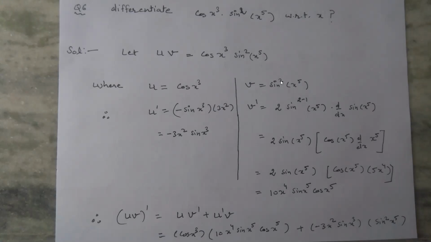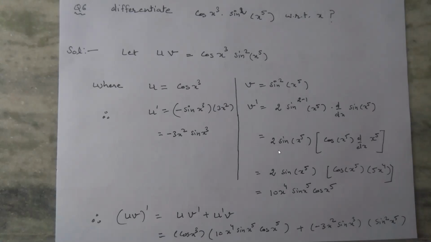Similarly, v is equal to sine square of x raised to power 5. So v dash is equal to 2 into sine of x raised to power 5 into the derivative of sine of x raised to power 5. The derivative of sine x power 5 is cos x raised to power 5 into the derivative of x raised to power 5.